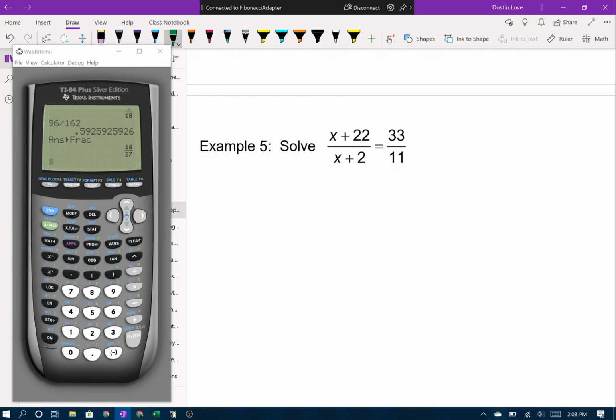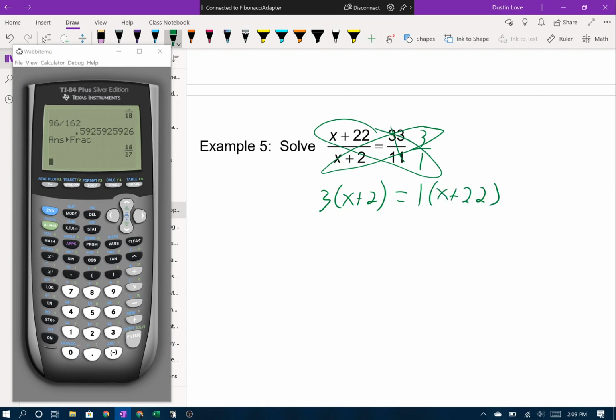So 3 times x plus 2 equals 1 times x plus 22. Now, I wrote that out like that this time just to show you explicitly where it comes from. From now on, moving forward, I'm going to go ahead and do the next step all combined. Just go ahead and do the distribution as I go. So here I've got 3 times x, and 3 times 2 is 3x plus 6 equals x plus 22.